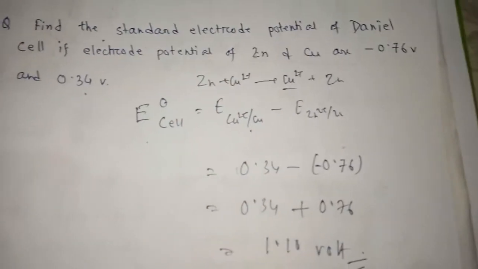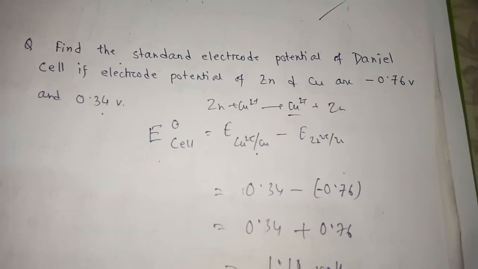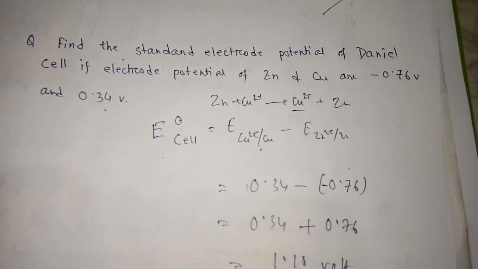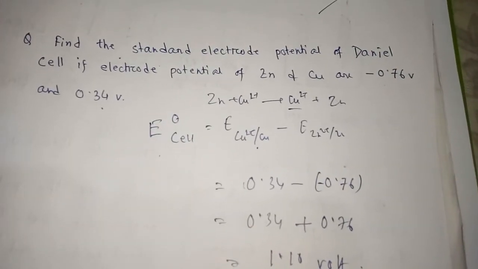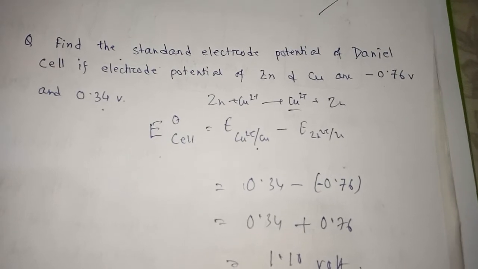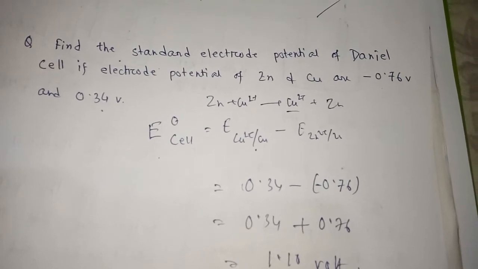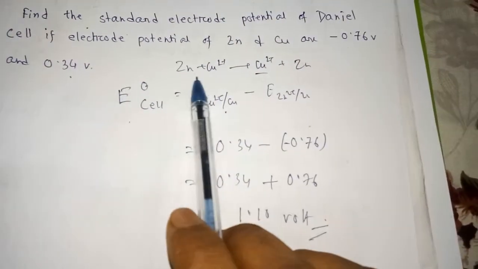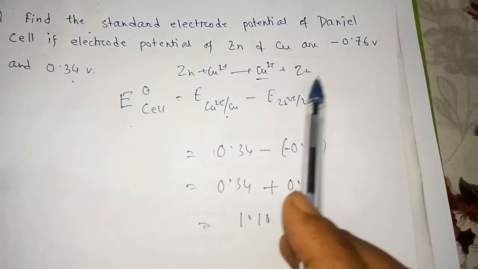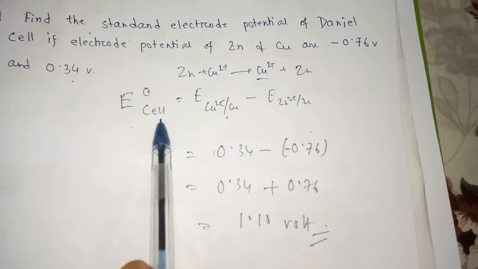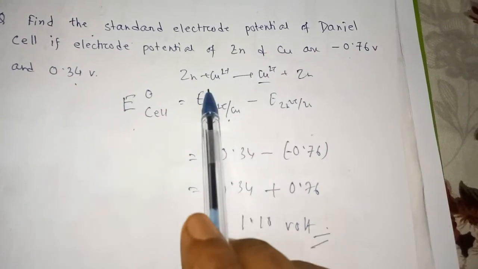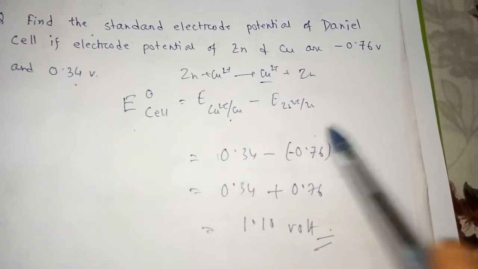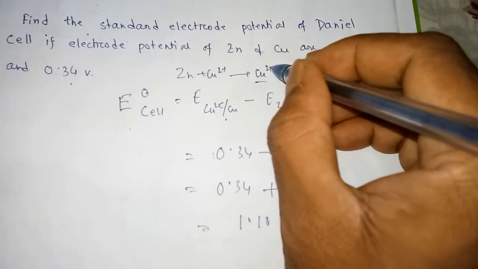Next one: find the standard electrode potential of the Daniell cell if the electrode potentials of zinc and copper are minus 0.76 volt and 0.34 volt. Now Zn plus Cu dipositive converts to Cu plus Zn dipositive. E naught of cell is right minus left.